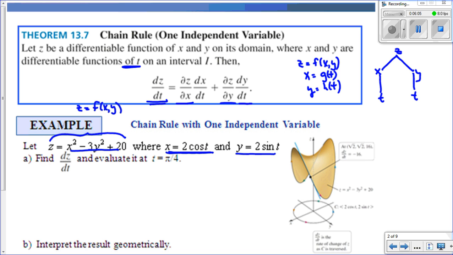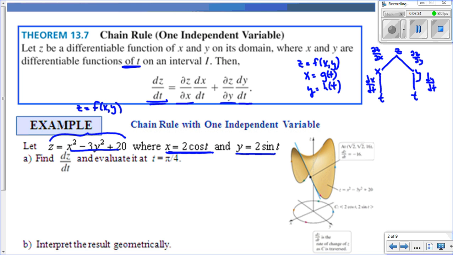So labeling each of the paths, we would have a partial of z with respect to x here, because there are two independent variables under the z, and the partial of z with respect to y. They're partial derivatives because there are two variables at that level. Now, x is only a function of t, so that's dx/dt. We don't need partials. And this one is dy/dt.